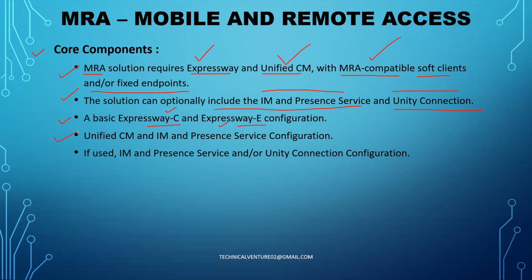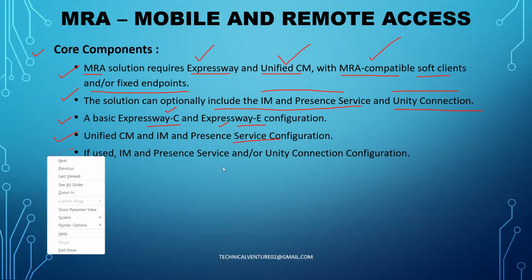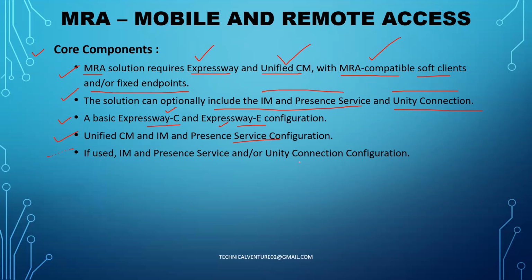Then there is the Unified CM and IM and Presence service configuration. If you are using IM and Presence or Unity Connection, then you need to configure those as well.